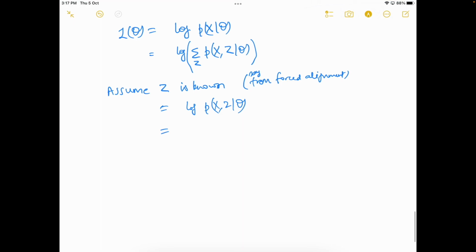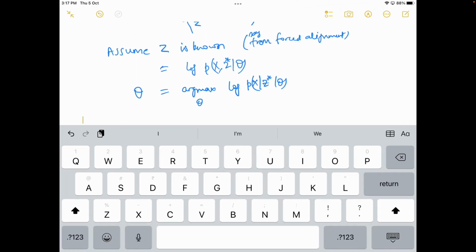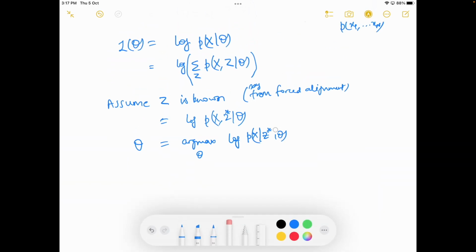And this becomes equal to, so your algorithm will be theta equal to simply argmax theta. So this is very simple.